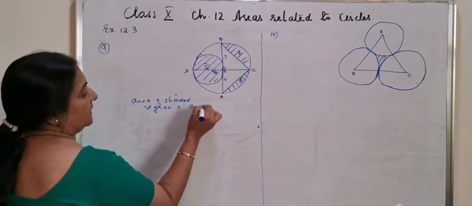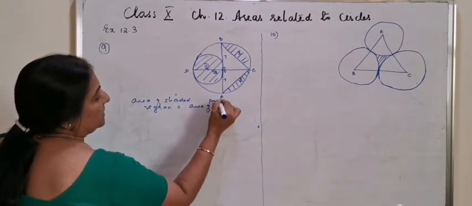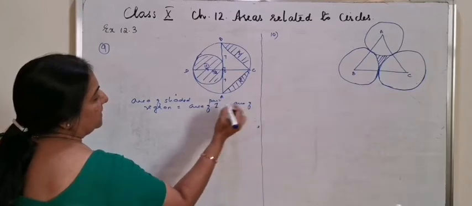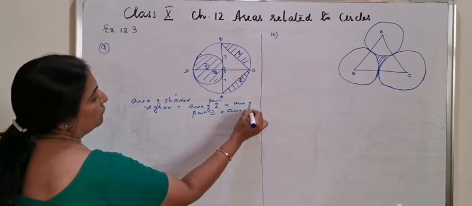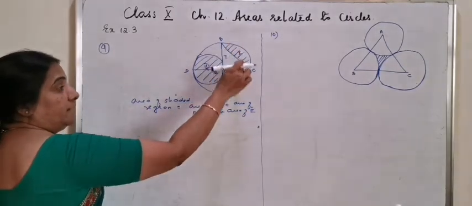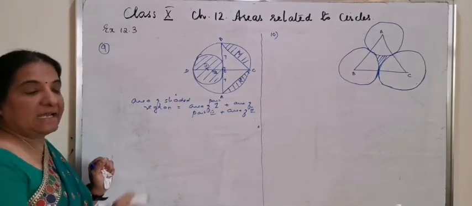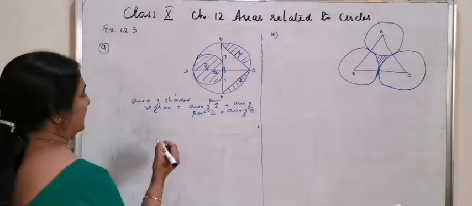is equal to area of the shaded region 1, the part 1, plus area of part 2 plus area of part 3. Area of 1 and area of 2 is formed as area of semicircle minus area of right triangle.